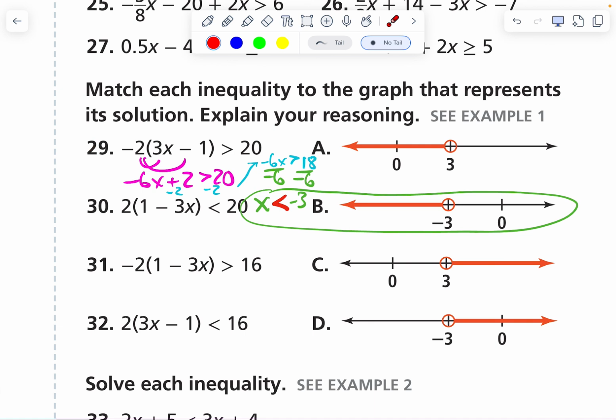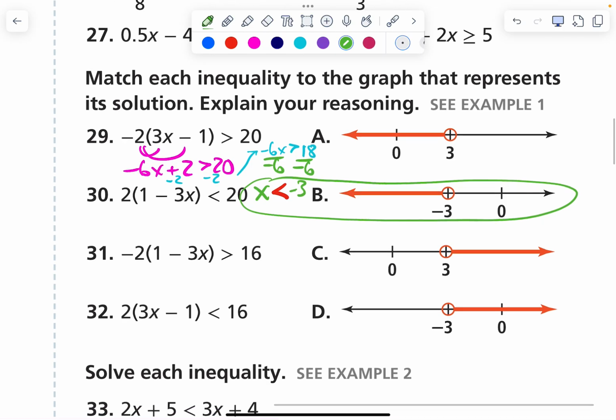But that didn't travel or go across the inequality symbol. That's when we have to change it. So it's only if it's across and happens on both sides. Thanks for bringing that up. That's a good point. All right, anything else you'd like to talk about on this homework problem set?